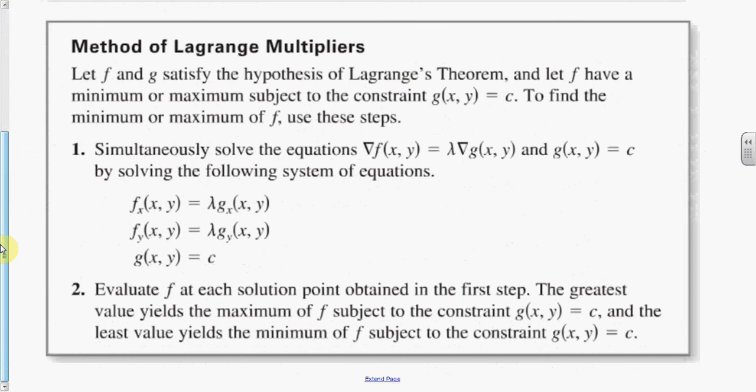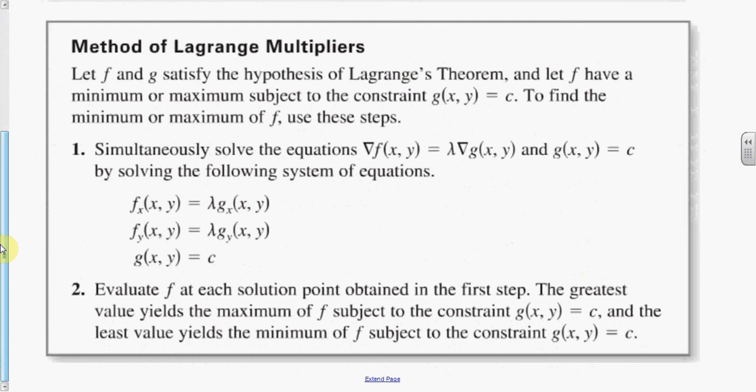Again, most of his problems are, I call them rigged, so he will say maximize f given this constraint. So he's kind of telling you that you're looking for a maximum. Or he will say minimize f subject to this constraint. He's kind of telling you you're going to find a minimum. So basically, you're only going to find 1 point. If the equations are a little bit bigger, just a lot of stuff going on, then more than likely you'll get several points based on what he's saying here for step 1 and step 2.